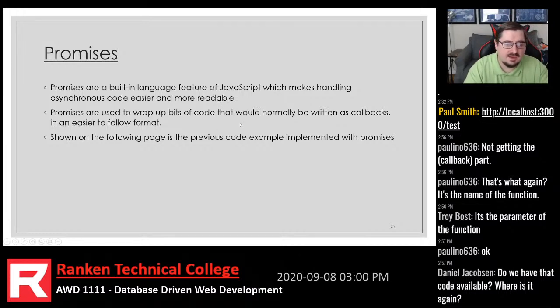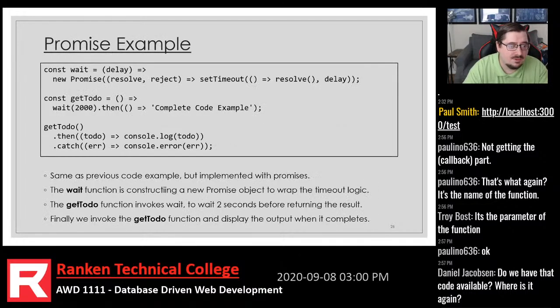So here we want to go over an example of how I might do the same thing but use a promise. Now this example is still a little bit more complicated than what you'll usually see, because usually whatever API we're using is going to go ahead and give the promise to us. So the idea with a promise is it resolves in one of two ways. It resolves successfully or it resolves unsuccessfully.